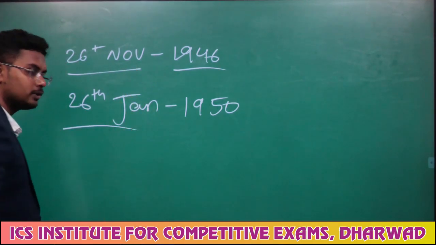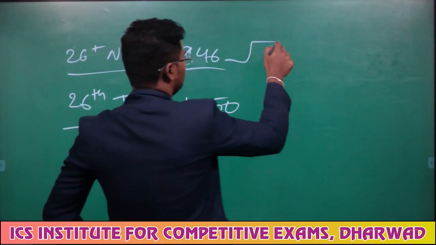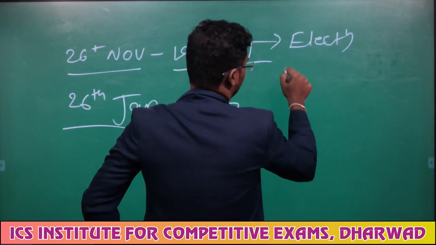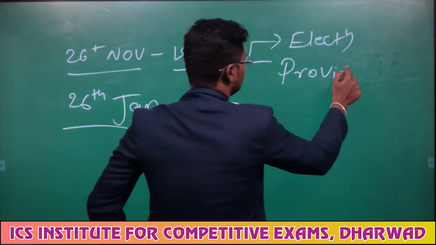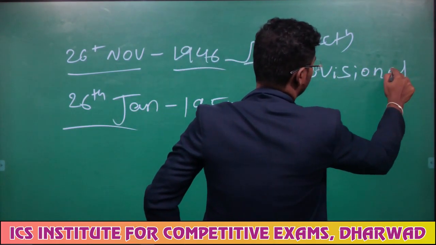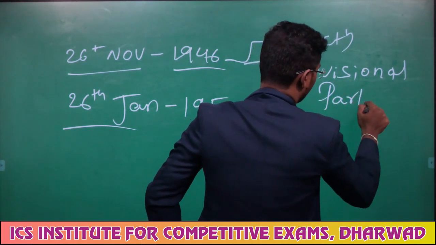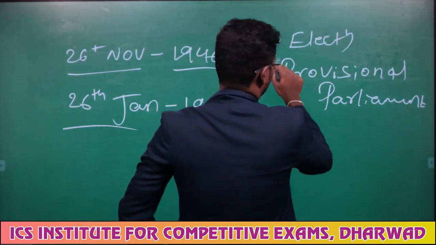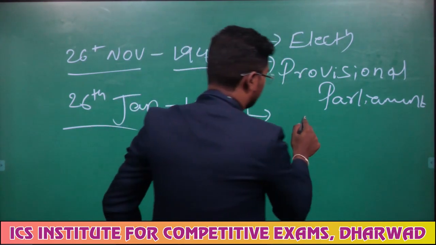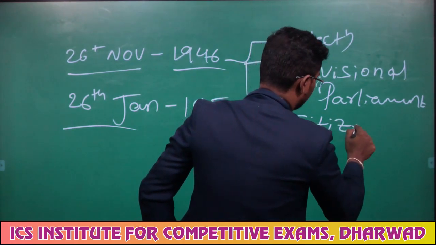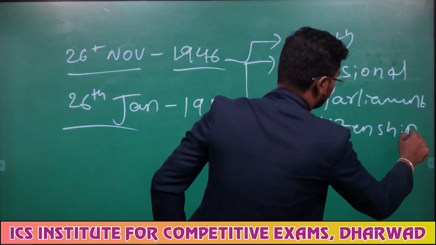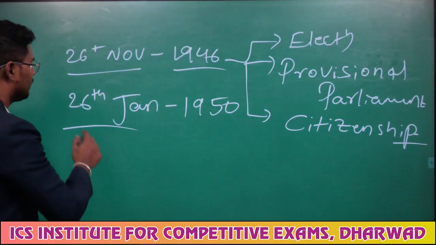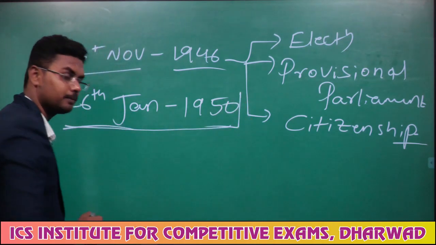When the Constitution of India was adopted, immediately provisions related to elections, provisional parliament and provisions related to citizenship, which is Part 2 of the Indian Constitution, came into force, and the entire Constitution itself came into force on 26th January 1950.